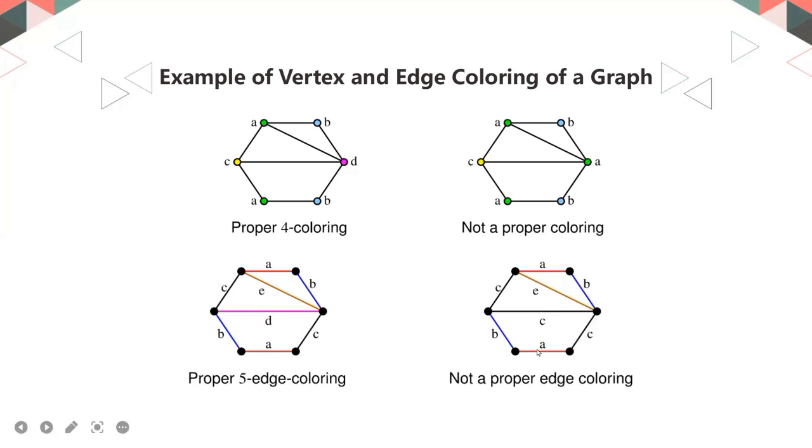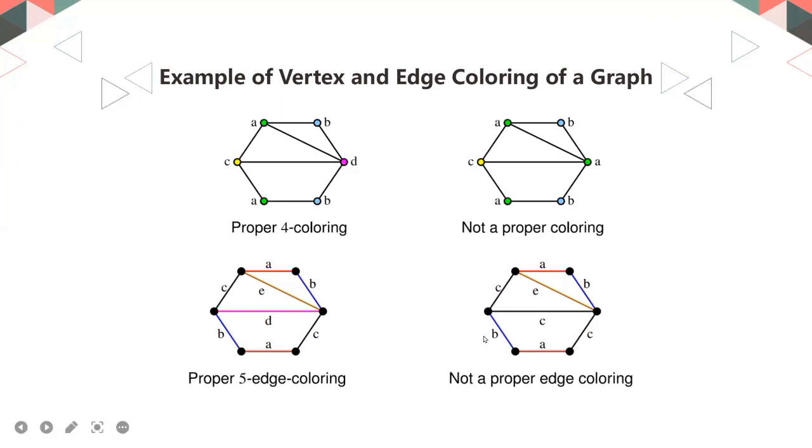For this second example, this is not a proper edge coloring because, as you can see in this diagram, the black edges are connected to each other. So from the definition of the edge coloring, a vertex must have edges connecting to it with different colors.